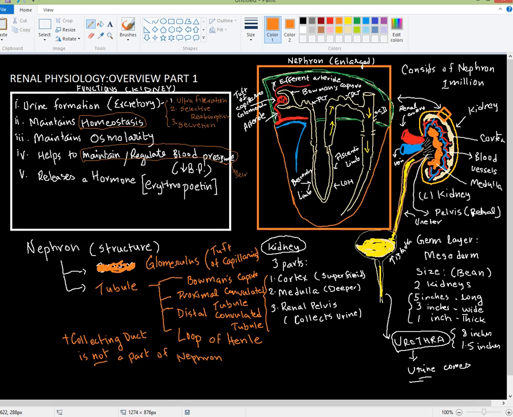There is the renin-angiotensin-aldosterone system, and how it tries to regulate the blood pressure and bring it back to normal. That's another topic; if I get time, I'll talk about it in a future video.